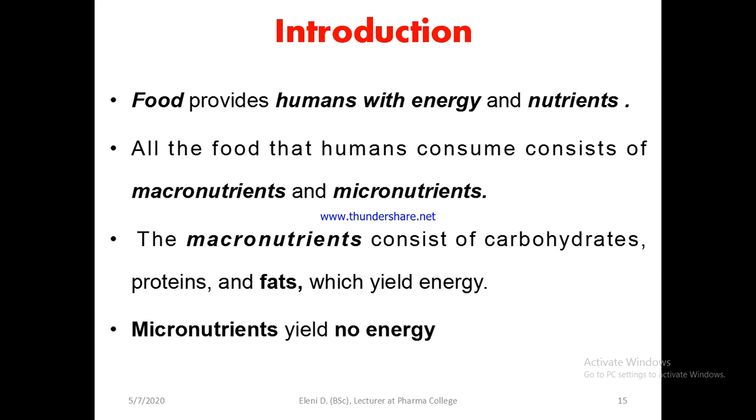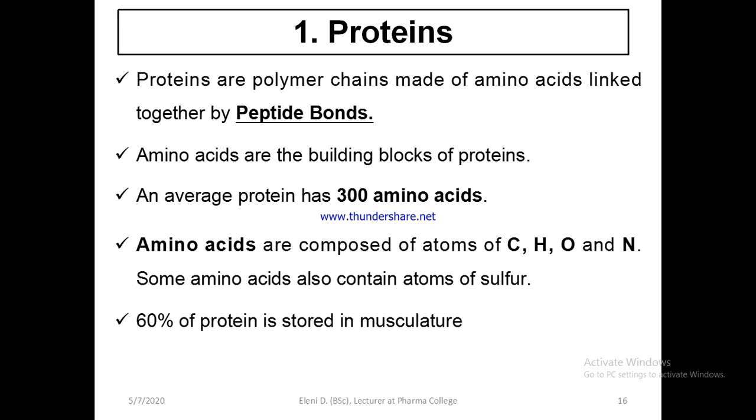Micronutrients, whereas, will not yield energy, yet they are essential in body function regulation and are needed in amounts measured in milligrams or micrograms, like we said earlier. That's why they are termed micronutrients.